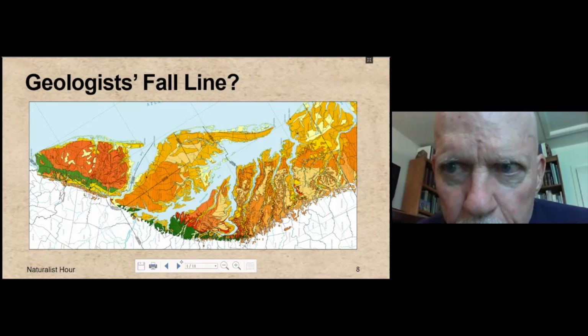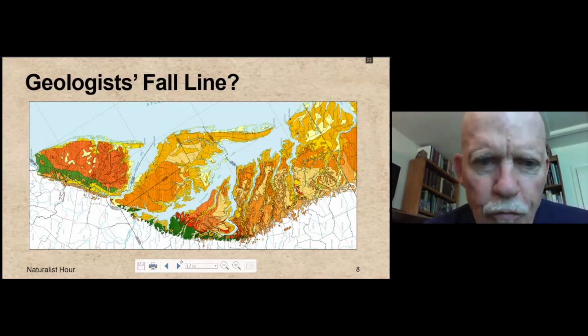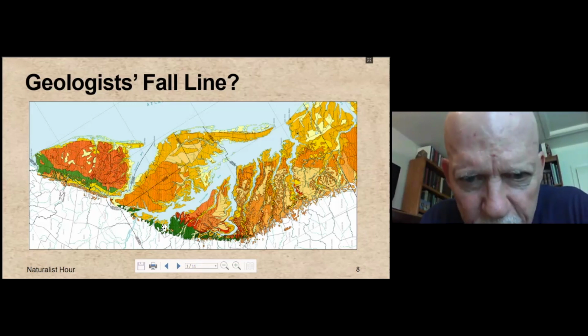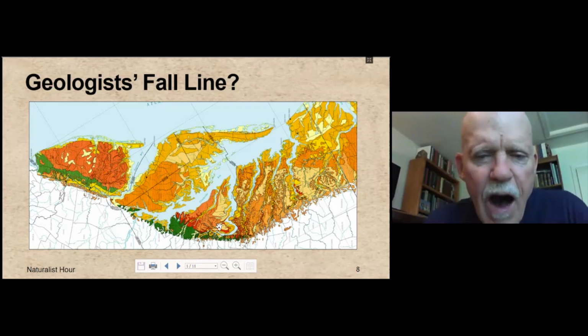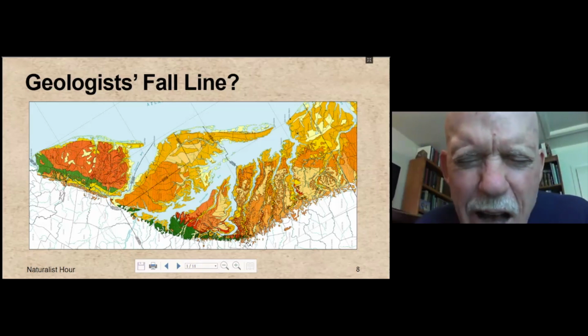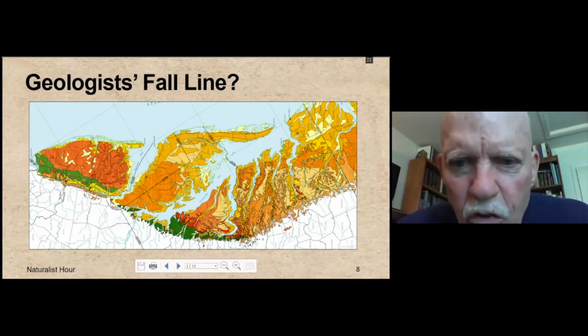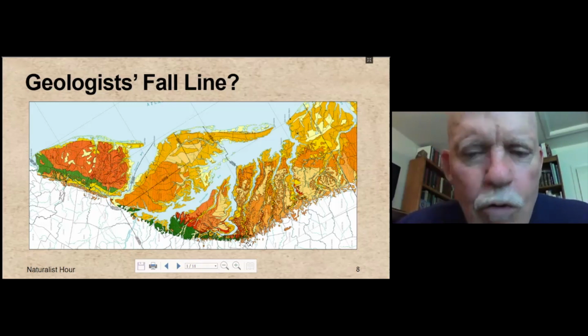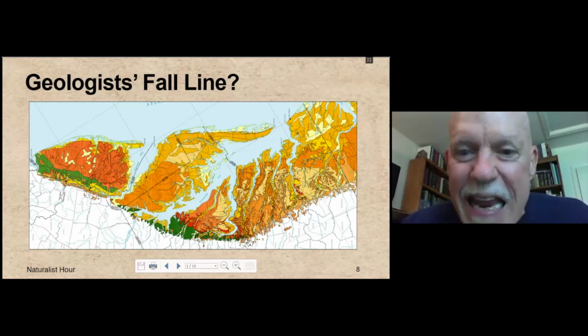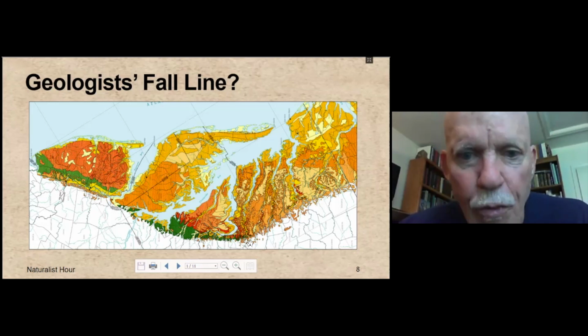The reason you have the rapids and waterfalls on many of these streams and rivers is that when streams cut down to descend onto the generally lower coastal plain area, they typically cut into the hard bedrock and create waterfalls and rapids, basically where their channel touches the hard rock underneath.